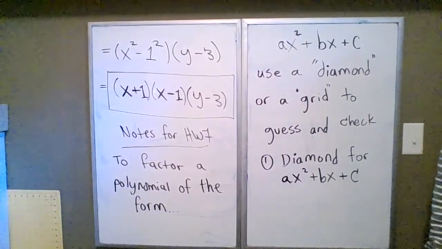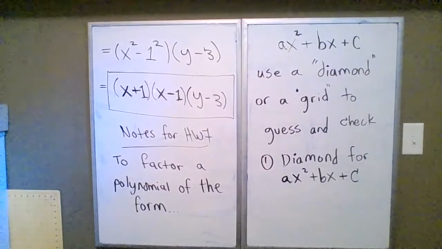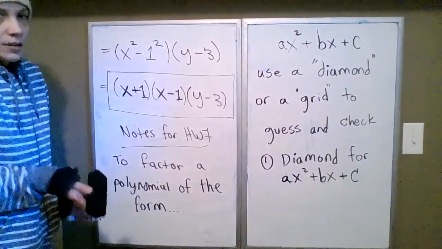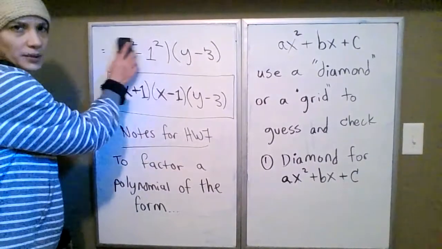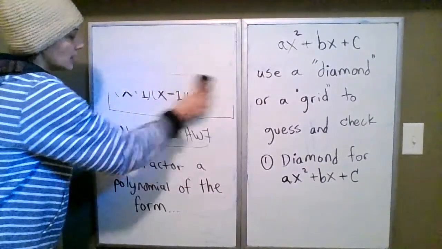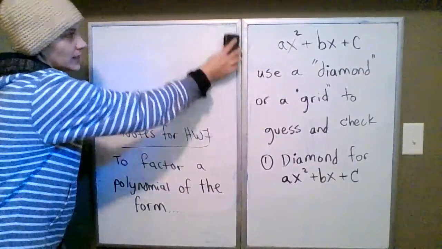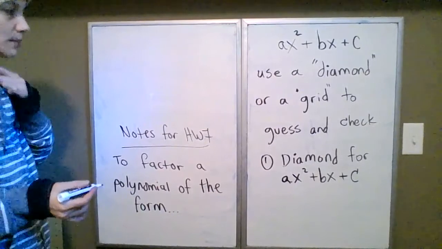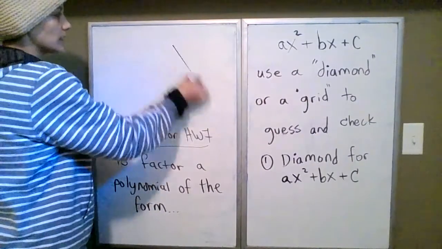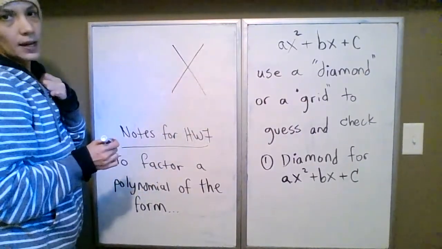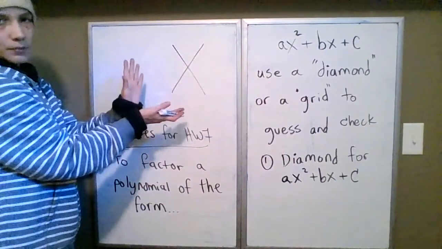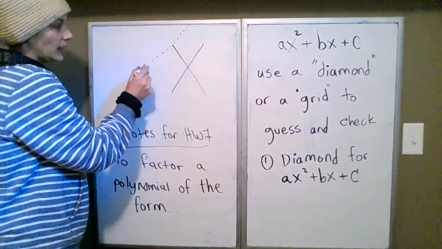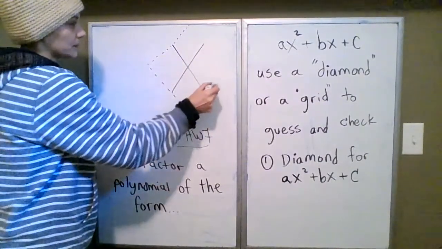So you draw a big X. In some semesters, we've just called it big X because that's all you really need to draw. But if you Google it, it's popularly known as this diamond. The name diamond comes from putting a little outline around your X.